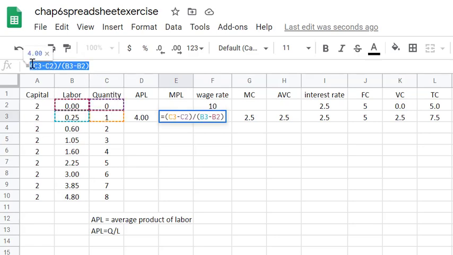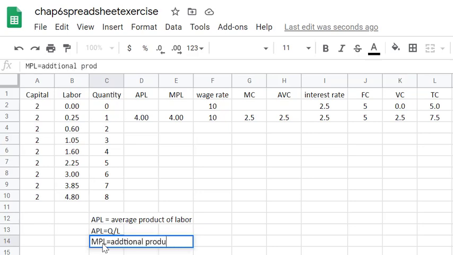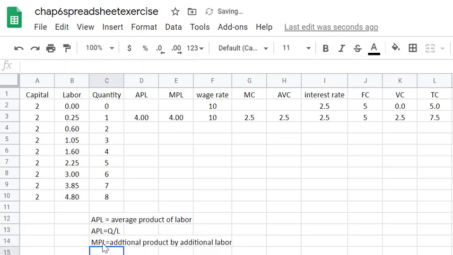So you can see the formula here, right? Marginal product of labor can be calculated as the additional product produced by the additional, or marginal, increase of labor. I just wrote it in a simpler form.